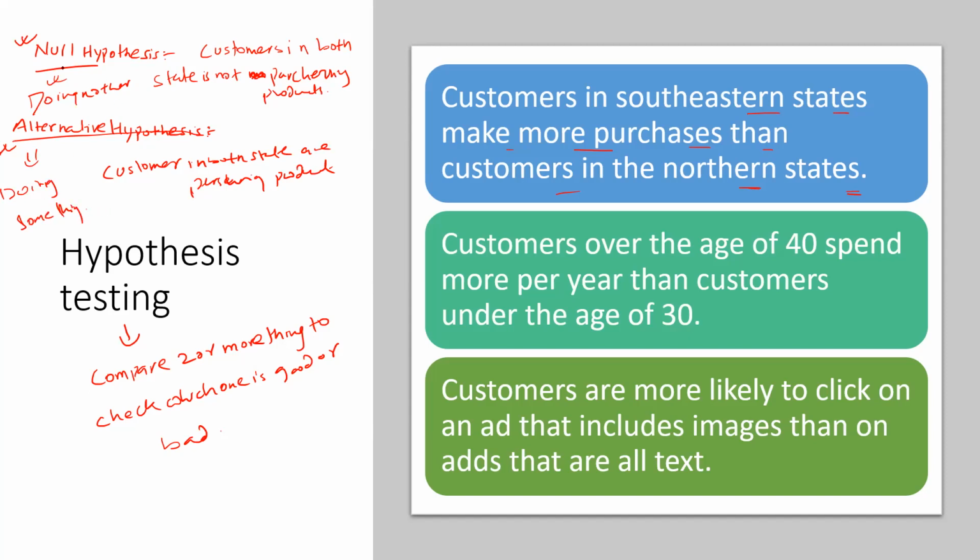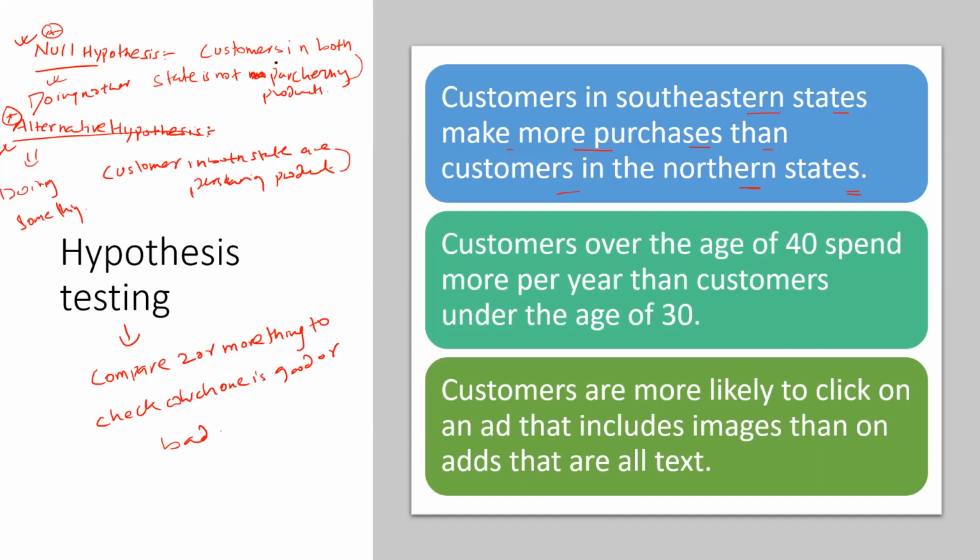So why do we use null and alternative? To compare which one is good. Here doing nothing is good, like not purchasing in both states is fine, or which state is doing better is good.